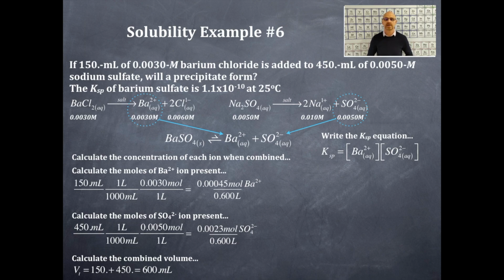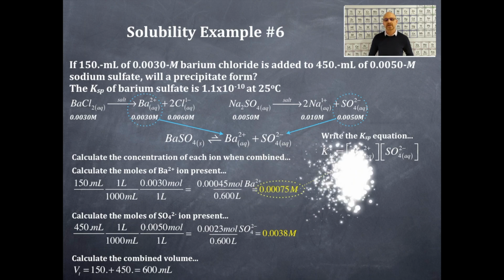That is the total volume. This will enable me to calculate the concentration in molarity after the two solutions have been mixed. And so the barium ion concentration is 0.00075 molar. The sulfate ion concentration is 0.0038 molar.